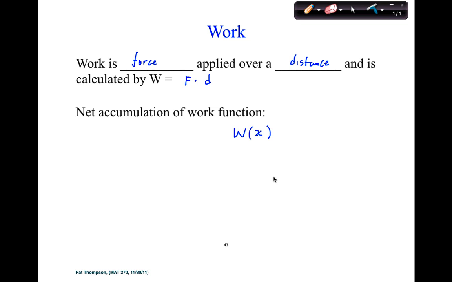Write it down. Retain that from last time. W of x equals. And this is not just from last time, but from the whole semester. This is the same pattern. Every time we want the accumulation function, we know exactly how to write down its general form.